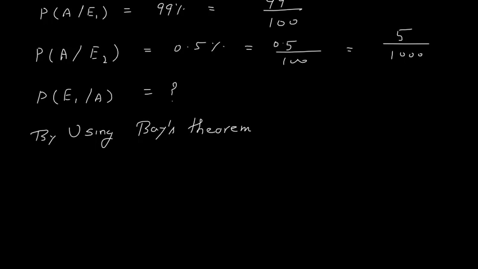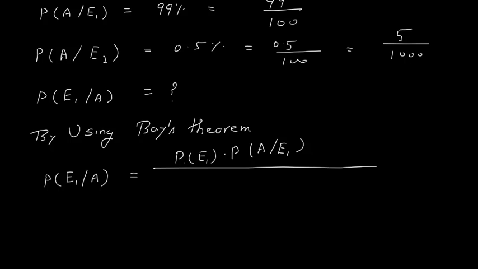So by using Bayes theorem, we have possibility of E1 by A is equal to possibility of E1 multiplied by possibility of A by E1, whole divided by possibility of E1 into possibility of A by E1 plus possibility of E2 into possibility of A by E2.